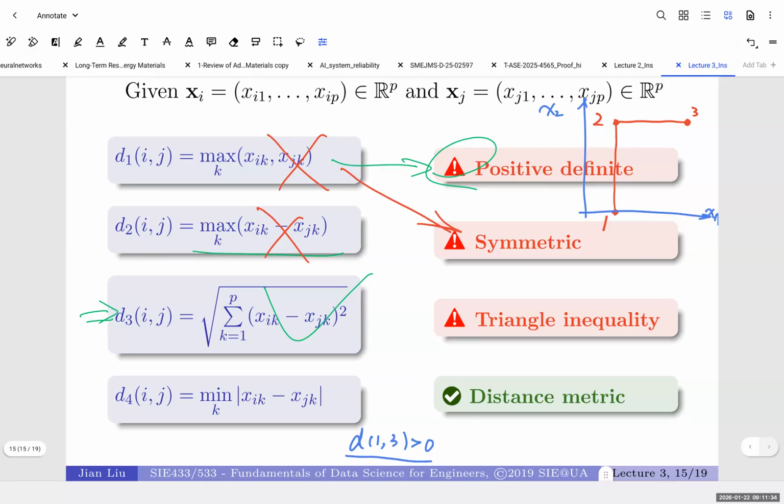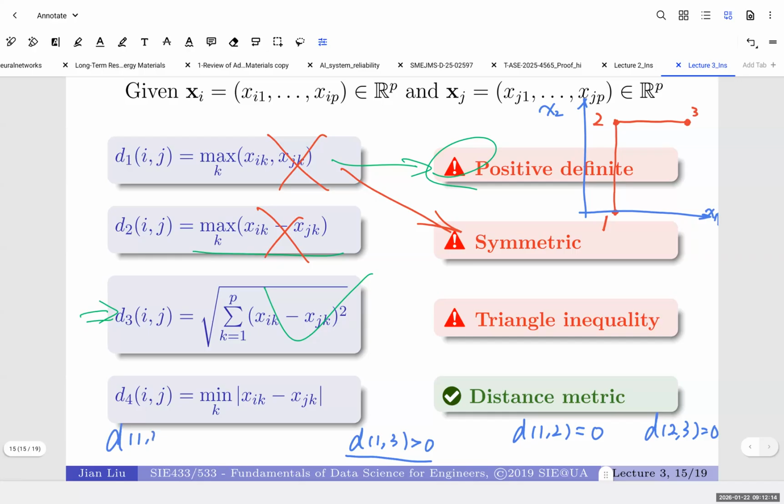Then what about D12? What is the minimum distance according to this? That is 0, right? Because along the x1 dimension, their minimum absolute distance is 0. What about D23? Because they are horizontally on the same line, their minimum distance is 0. So do you still recall the triangular inequality?